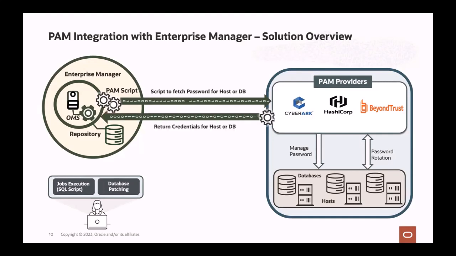The framework will retrieve the password specified for database or host from the PAM system securely. Once retrieved, the credential object containing the necessary credential is passed to the underlying workflow, enabling seamless execution of the given task. So this is, at a high level, the solution we have for the PAM integration with Enterprise Manager.